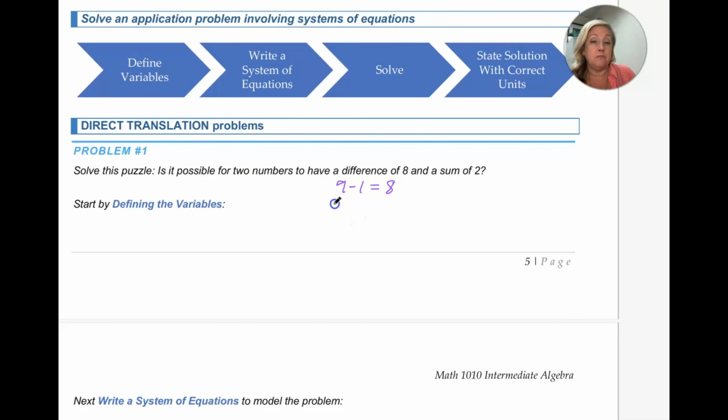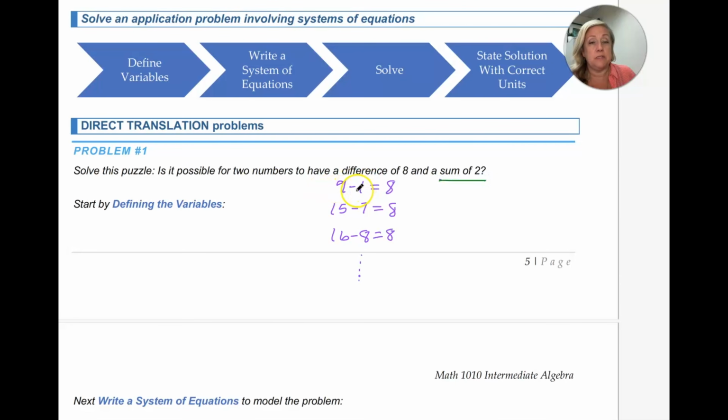I could have 15 minus 7. That equals 8. Right? I could say 16 minus 8. That equals 8. And so on, right? There are a lot of different possibilities that we could come up with here. But when I'm looking, do any of these add up to be 2? Right? Any of these that I came up with?